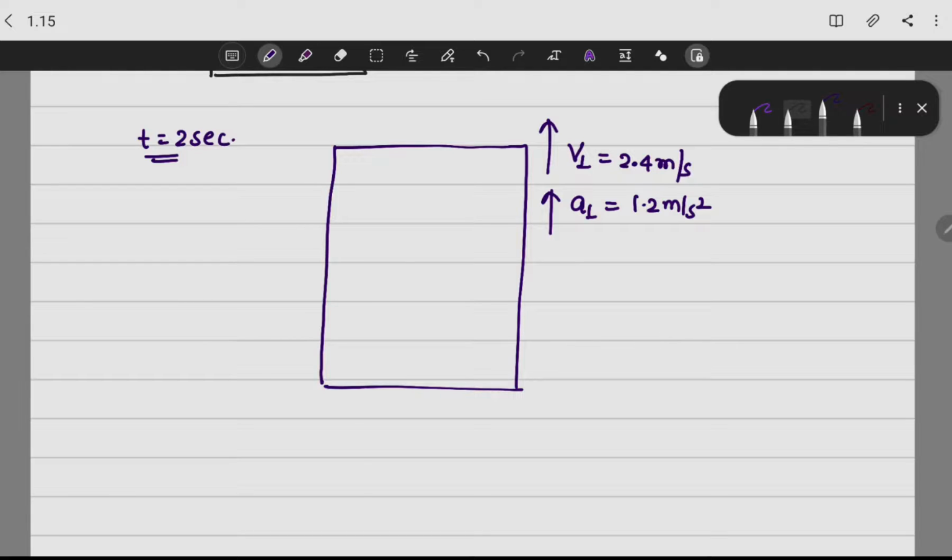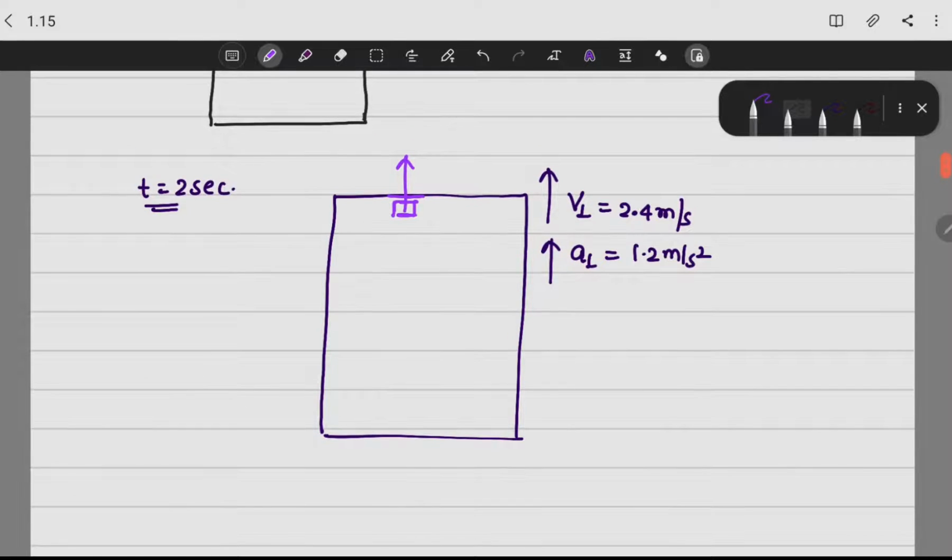As initially the bolt was attached to the lift and it is released at t is equal to 2 seconds, the bolt will also have the velocity of 2.4 meter per second. But as it is not attached to the lift and it is free falling, the acceleration of the bolt will be 9.81 meter per second square, and this is the velocity of the bolt.